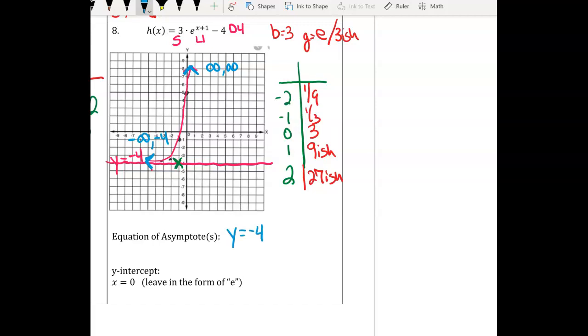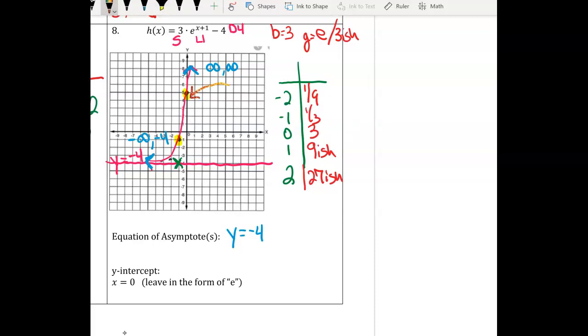Here I want the y-intercept, so that's where x equals 0. Okay, so if you notice the directions here say leave in the form of e, that's because this point was an ish number. This point is the only number that I really knew. So as far as this point goes, I'm going to have to do this a little differently.